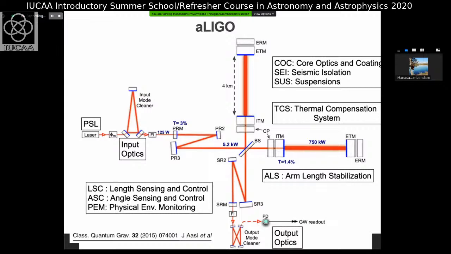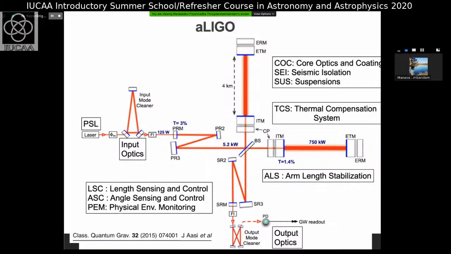So in order to assemble this whole interferometer, there are several subsystems. The interferometer is split into several subsystems. What you see in terms of these abbreviations, you see LSC, which is the length sensing and control, about which you heard more in Dr. Suresh's talk.